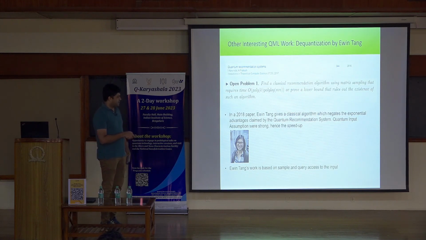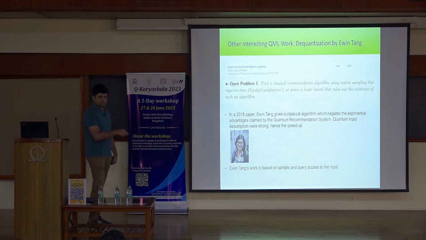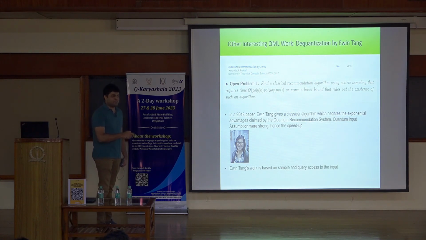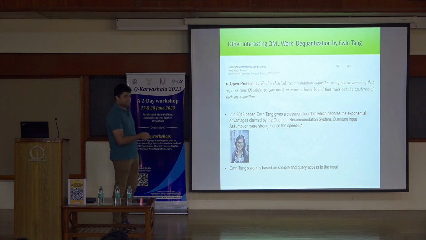But later, Ewin Tang, who was just an undergrad, 19 years old, advised by Scott Aaronson, showed that you can do this classically as well, if you are given a certain type of input access. This is called the sampling and query access to the data. If you are given that type of access, then you can do it classically as well.